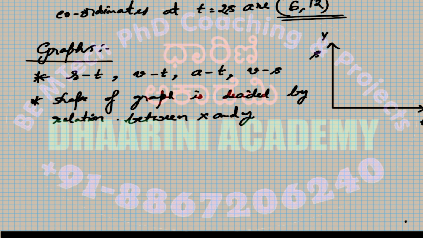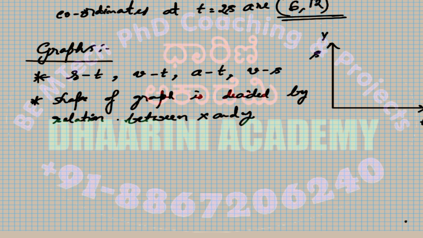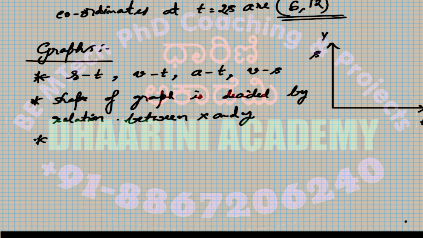Then if I put x equal to 0, and if I get y is also 0, then by default the graph passes through the origin. Right? So this is also important. This is what we do in normal analytical geometry.